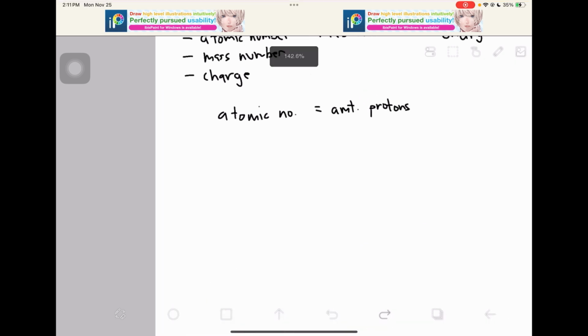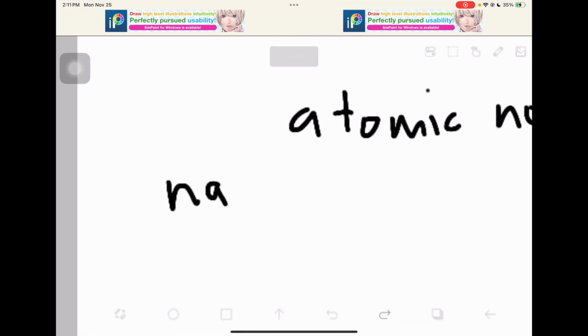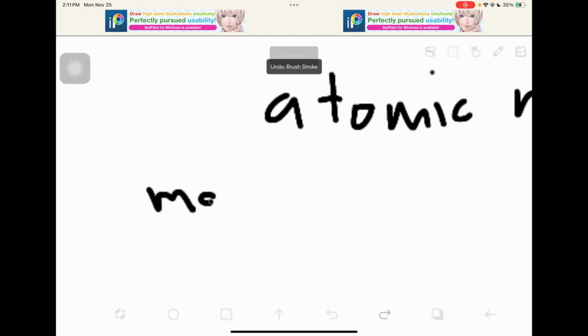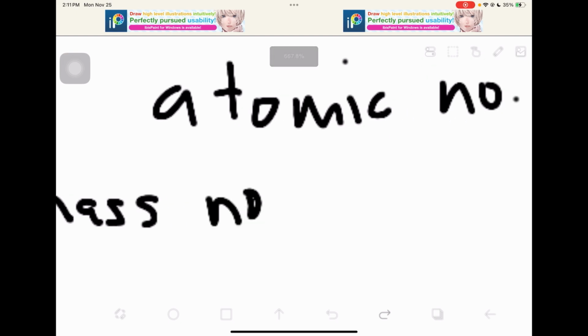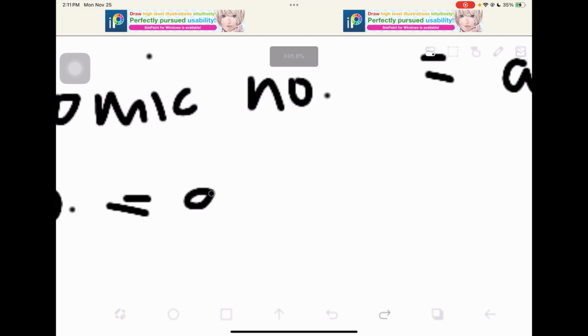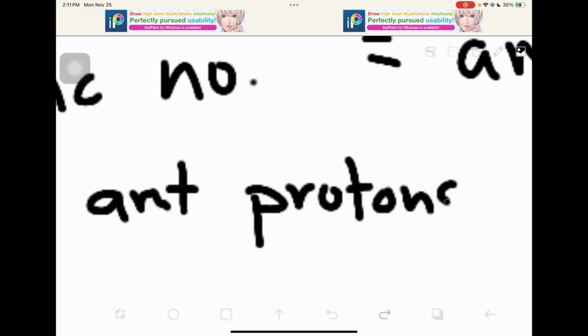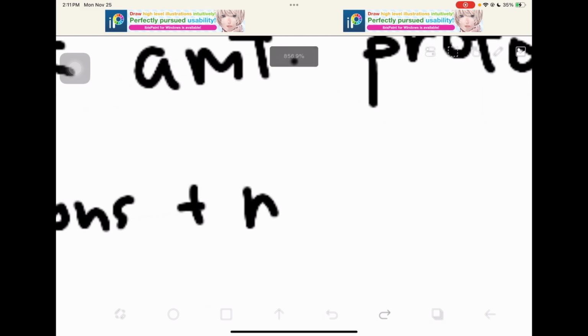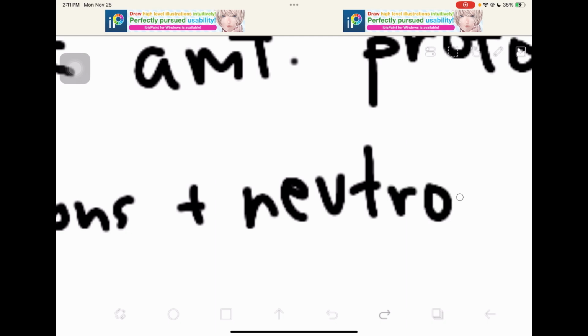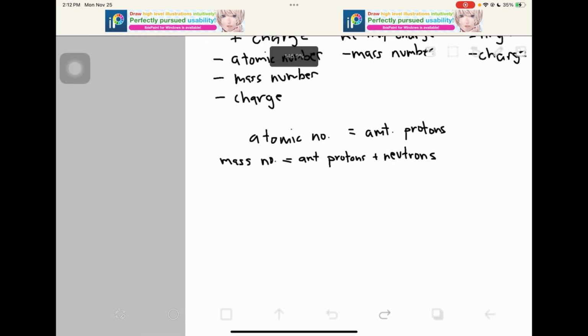Furthermore, how about mass number? Mass number would be the amount of protons plus the amount of neutrons. So how does that work? I'll give some examples right here.